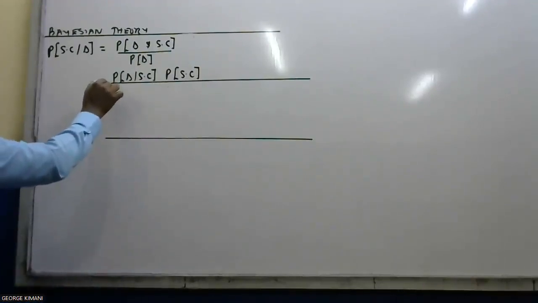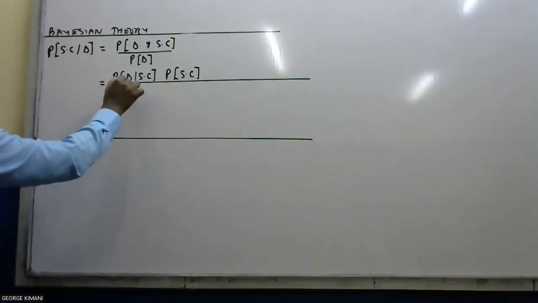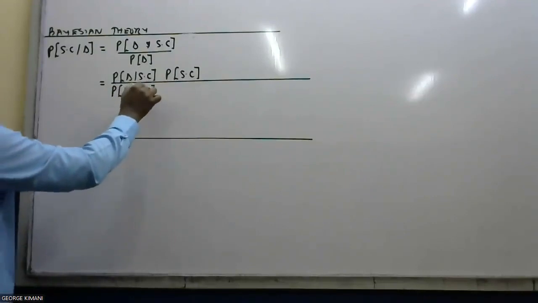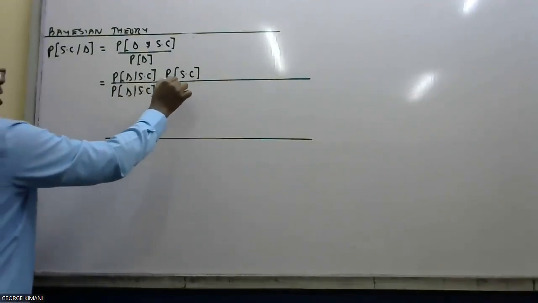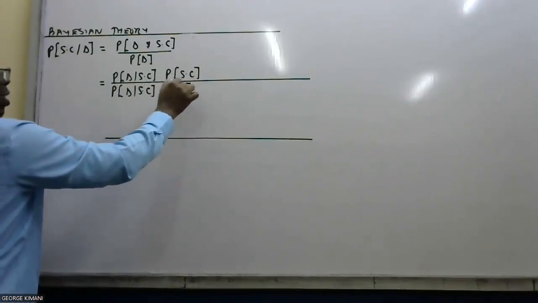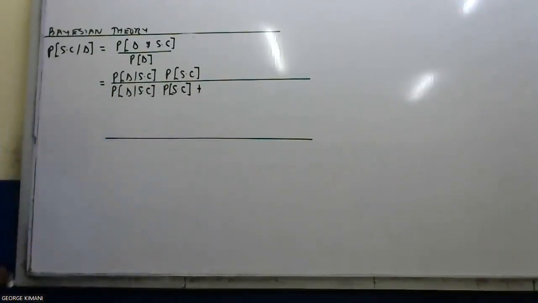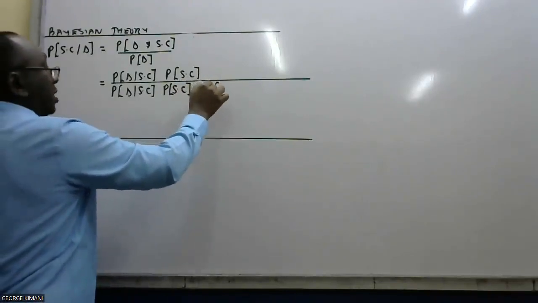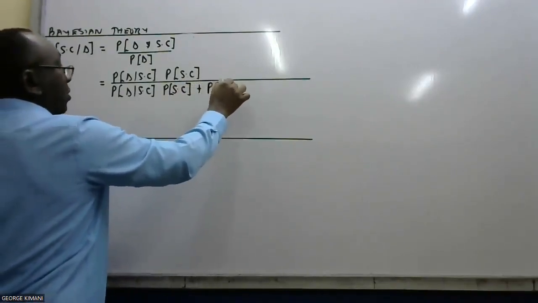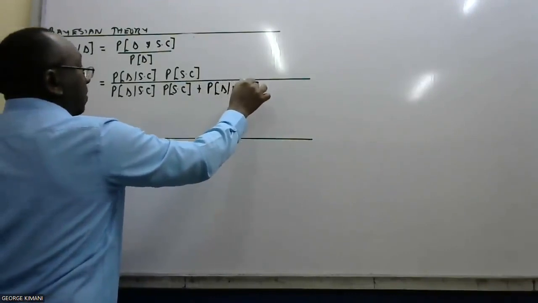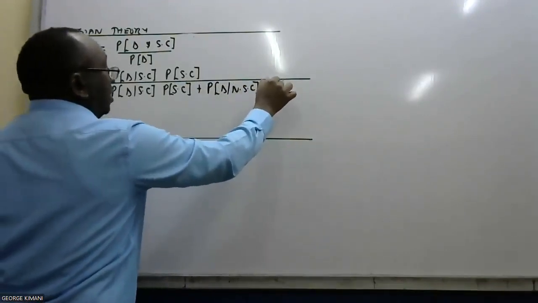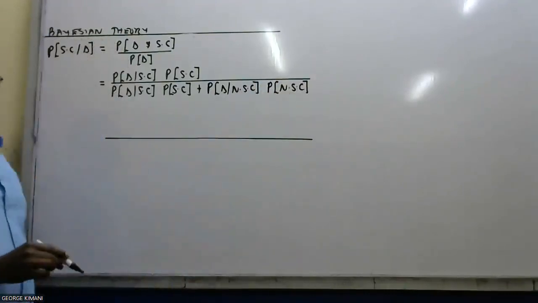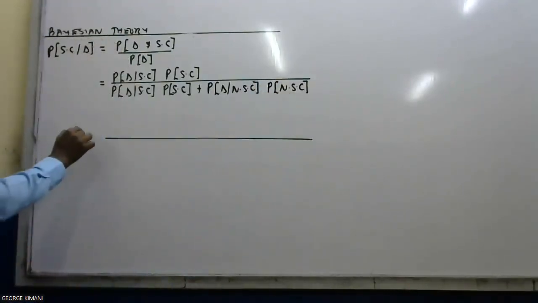You divide by the probability that we can get a defect, given that we are set correctly, multiplied by the probability that we are set correctly, or it is possible to get a defect when we are not set correctly. So probability of getting a defect when we are not set correctly, you multiply by the probability that we are not set correctly.